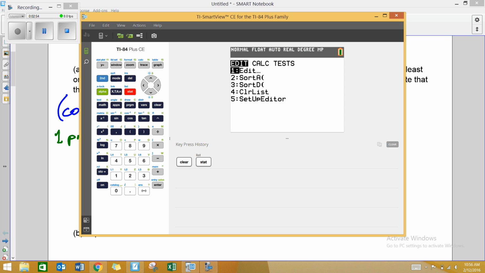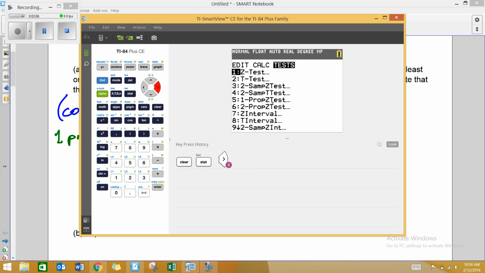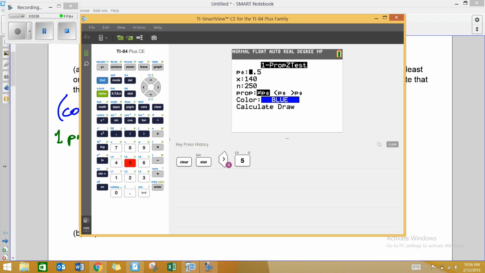Okay, so we will conduct a 1 proportion z test. Oh, did I say interval or test? Okay, no, I said test. So 1 proportion z test, that's number 5 there on our calculator. All right, the believed proportion is 0.66, the null.